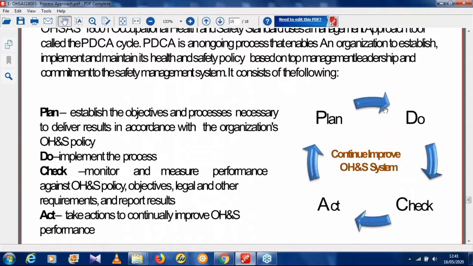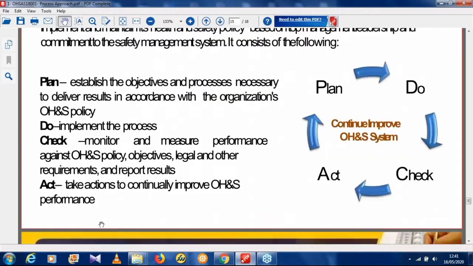All these things are the checks that are put in place. Then the act is to take action to continually improve occupational health and safety. In Japan, we call that Kaizen. All right? Now, that is the PDCA approach to occupational health and safety.